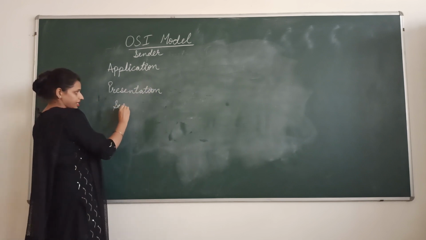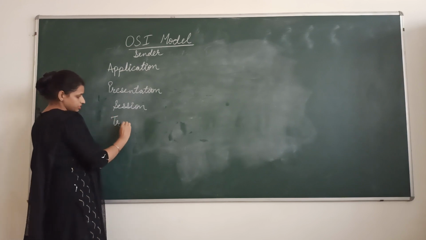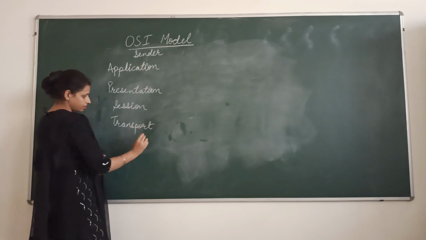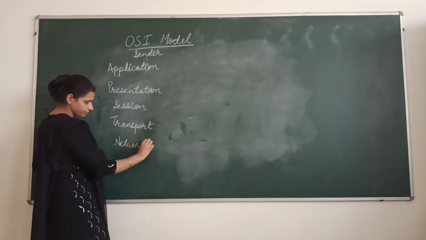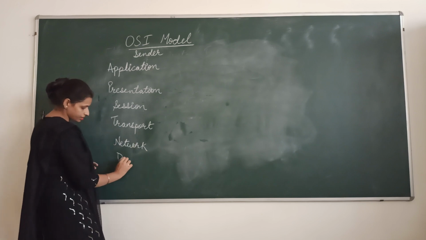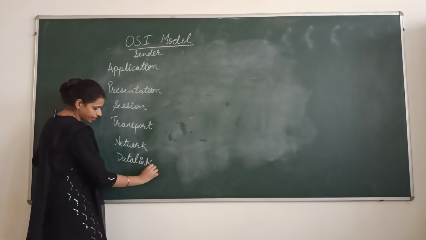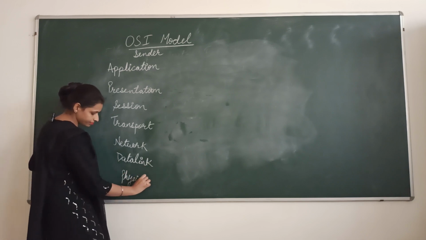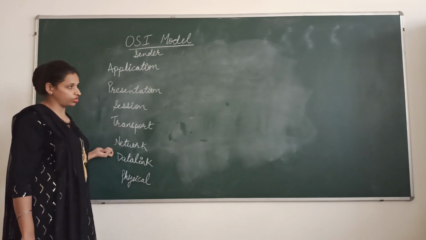Next, session layer. Next, transport layer. Next, network layer. Next is data link layer. And last one is physical layer. These are the 7 layers in OSI model.